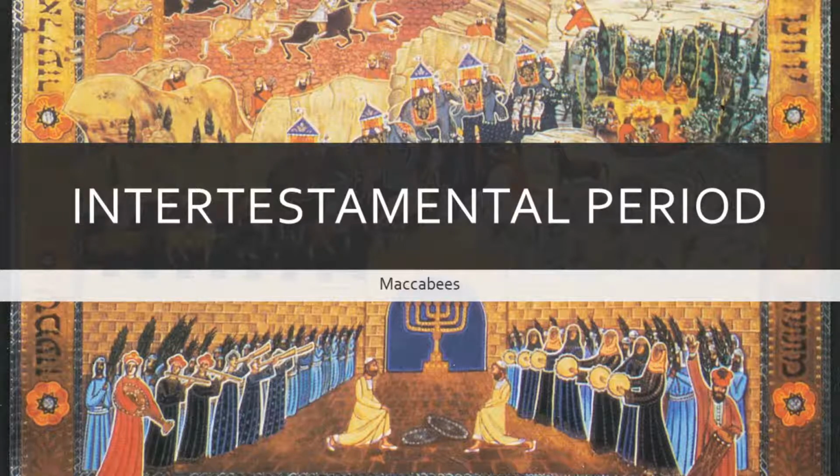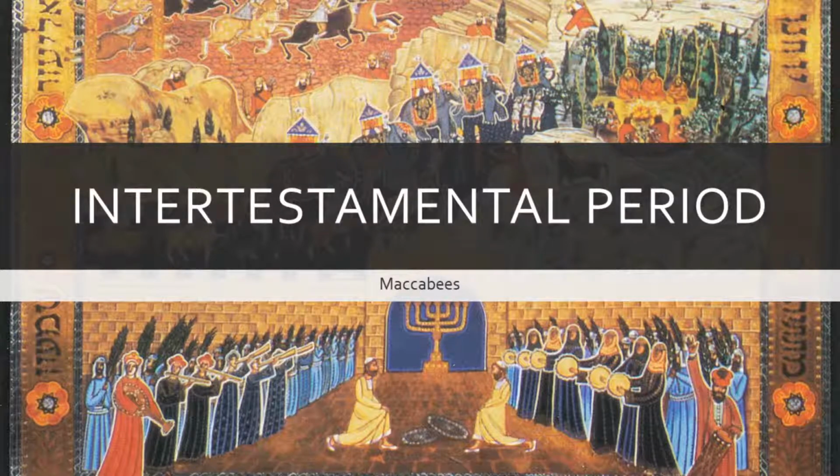Also, there's some more history that takes place before we get to the New Testament. Again, if you remember from last week, we have the Old Testament, the Hebrew Bible, the New Testament, and in between there, we call this the intertestamental period. It simply means between the testaments. That's all it means. And in this period, there are some things that happen.